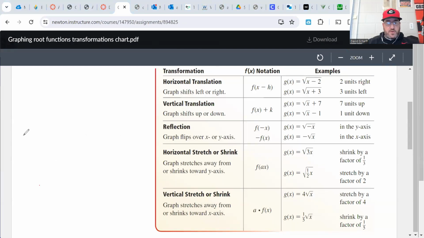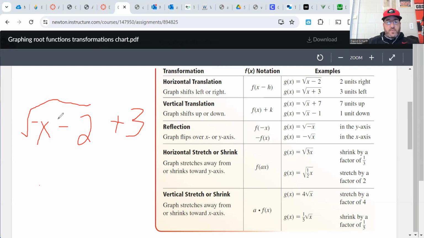Again, this is going to be a little tough to do since I'm not actually using the pen, but the square root of negative x minus 2 plus 3. All right. Square root of negative x minus 2 plus 3.